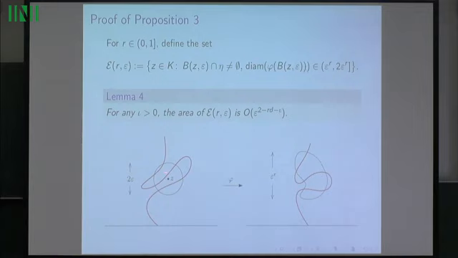Now it is enough to control the area of this set E_r^epsilon, and we will show it is of this order. Here I have a ball and its image, which is epsilon^r. By the previous result, we can find a ball of order epsilon^(r alpha) which is contained in this image.